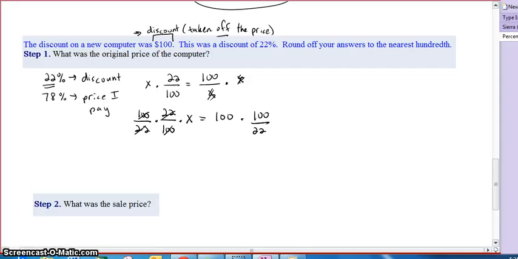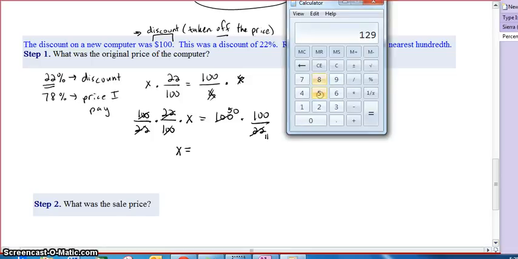Reduce, reduce. So now X equals, and try to reduce these as much as I can. I know that 2 goes into 100 as well as 22. And I can't reduce anything else. So this is the case where I'm going to use my calculator now. 50 multiplied by 100. And then I have to take that number and divide it by 11.